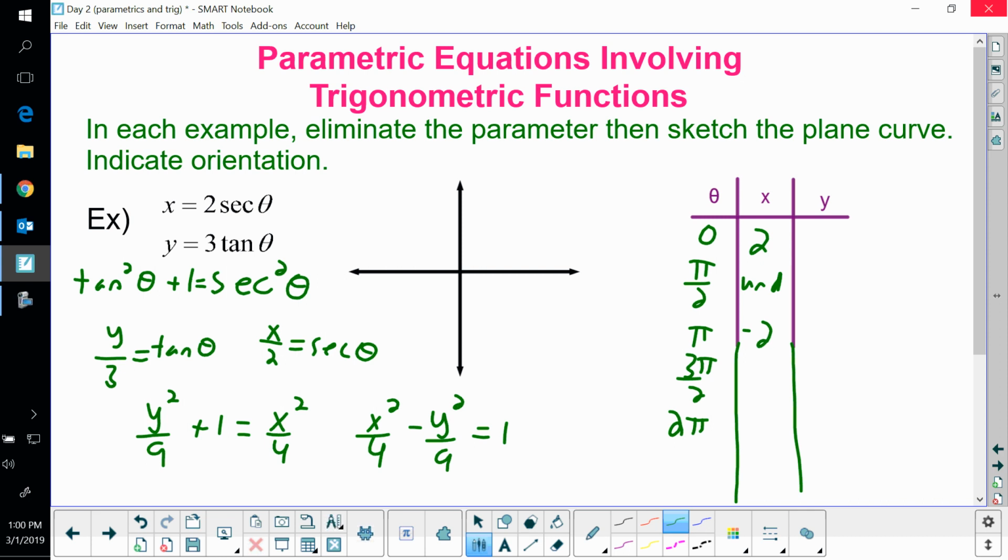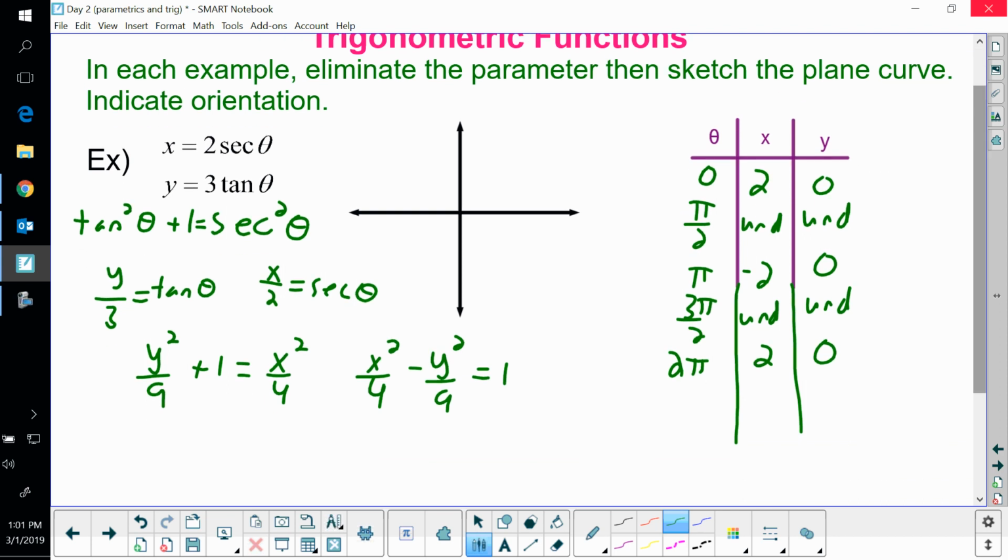And if we keep going, we'll get undefined, and then we will also get 2. When we do it for y, tan of 0 is just 0, but tan of pi over 2 is undefined. Then we'll get 0, we'll get undefined, and then we'll get back to 0.